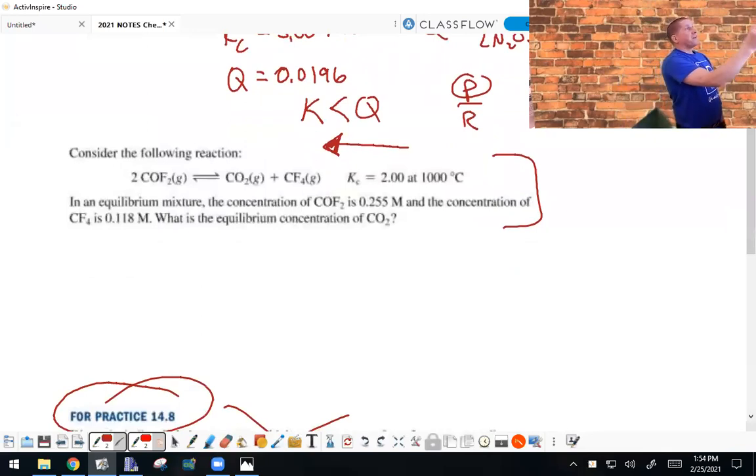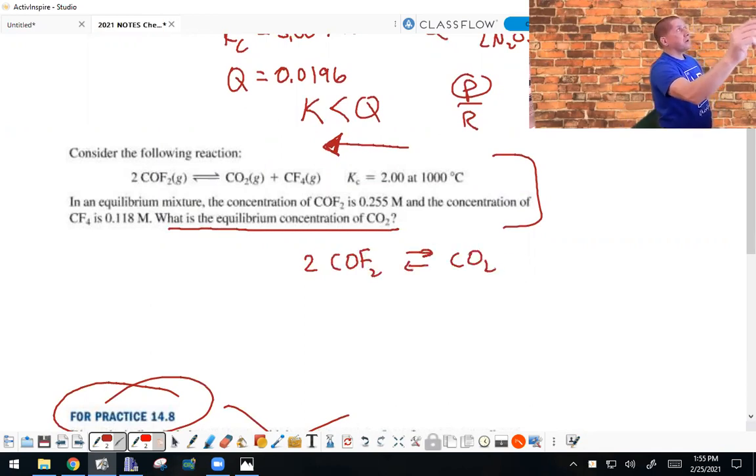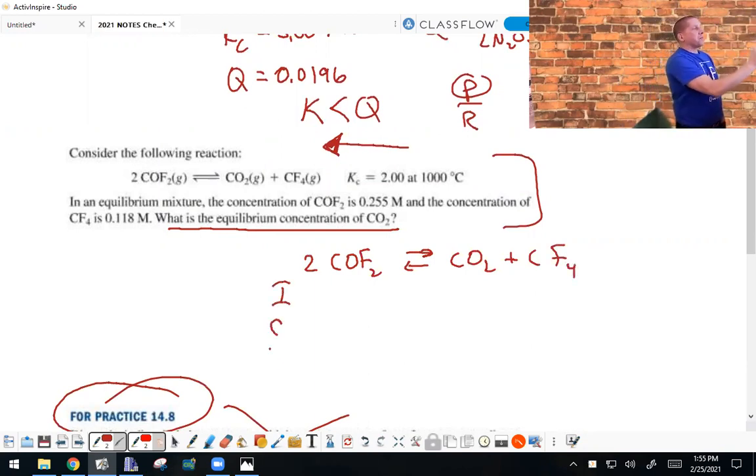Okay, so again, we're trying to figure out what the equilibrium concentration of CO2 is. You're going to see again the repetitiveness of this. I write the reaction, always the same, always write the reaction first. Then we jump right into the ICE chart. It says in an equilibrium mixture, the concentration of COF2 is 0.255 and the concentration of CF4 is 0.118.